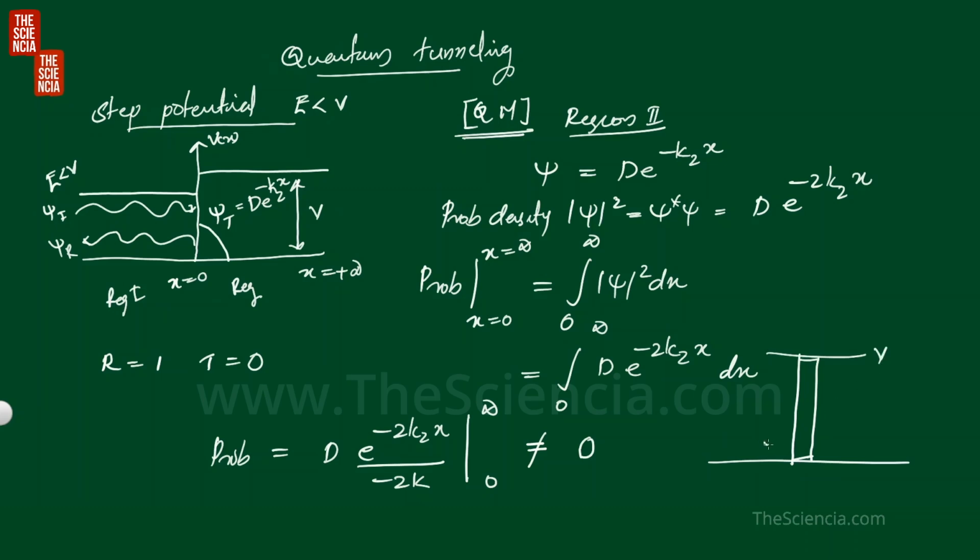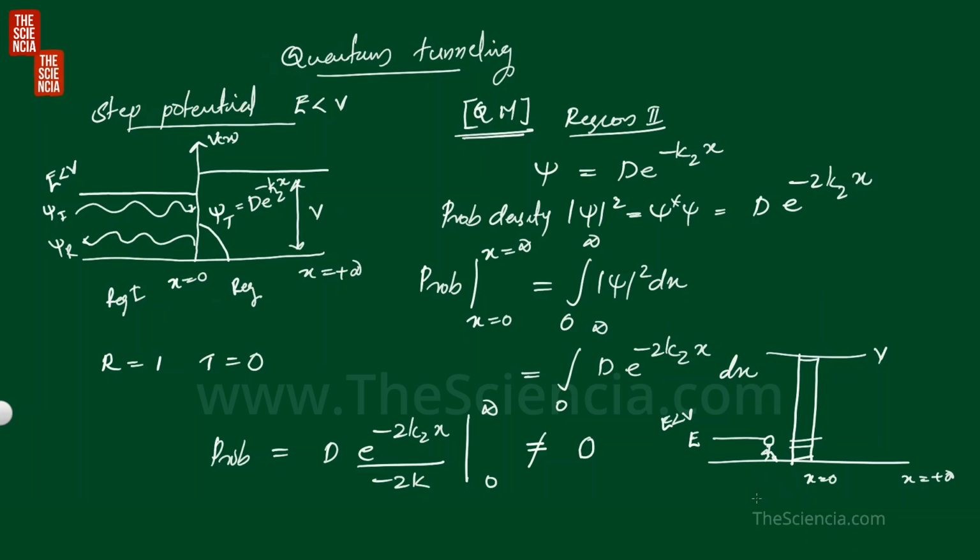How can you access the region x equal to 0 to plus infinity? One chance is you have to jump over this potential barrier. In order to do that, you should have sufficient energy, but your energy is this much only, that is, E is less than V. Then what is the way of accessing the other region? You have to make a tunnel.